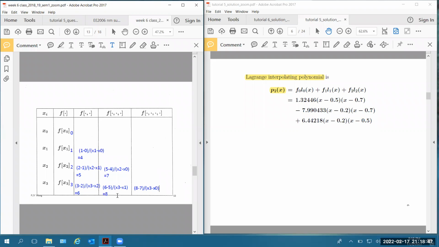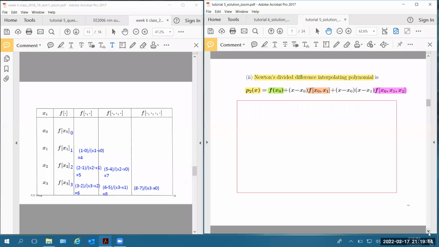Everybody clear or not? Here the x is 1 step, here your x is 2 steps, then here your x is 3 steps. So x3 minus x0. As you can see, it's quite easy to construct this divided difference table. Initially it looks like, well, I don't know how to do it, but actually it's very easy. Okay, so let's go to our problem.